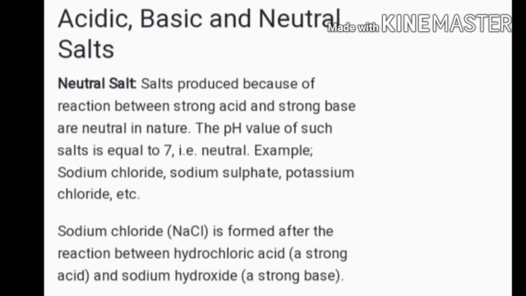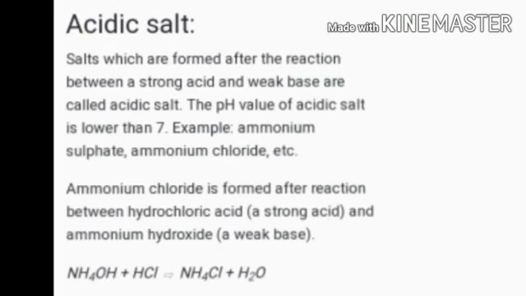Let us see what is an acidic salt. Salts which are formed after the reaction between a strong acid and a weak base. The pH of an acidic salt is less than 7. Examples: ammonium sulfate, ammonium chloride, etc. Here you can see the example.